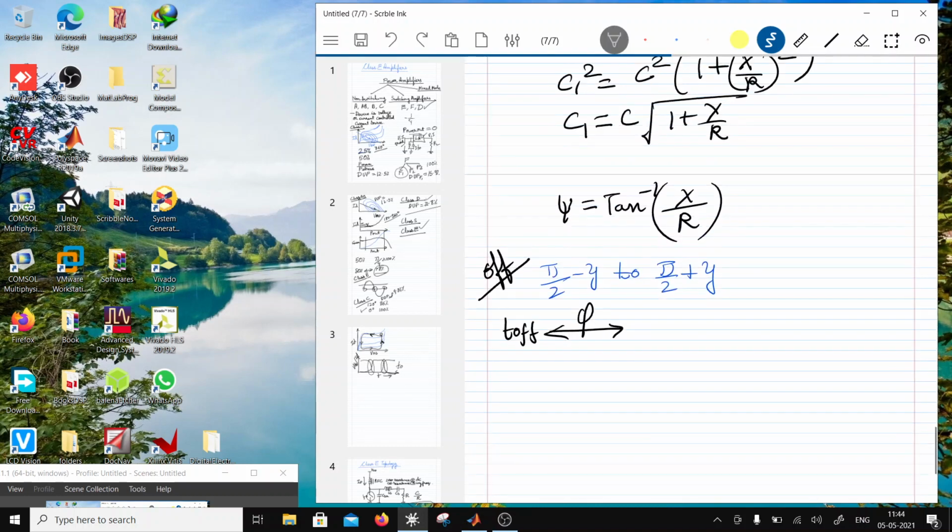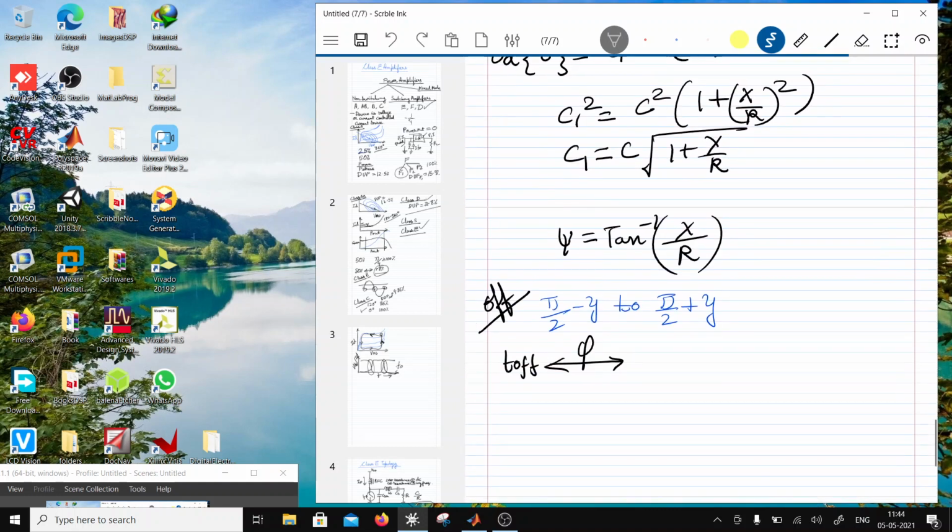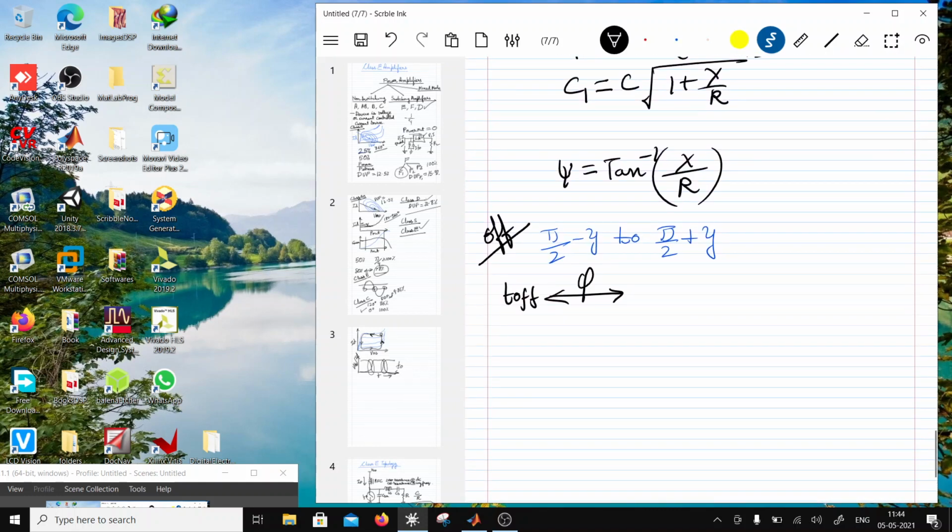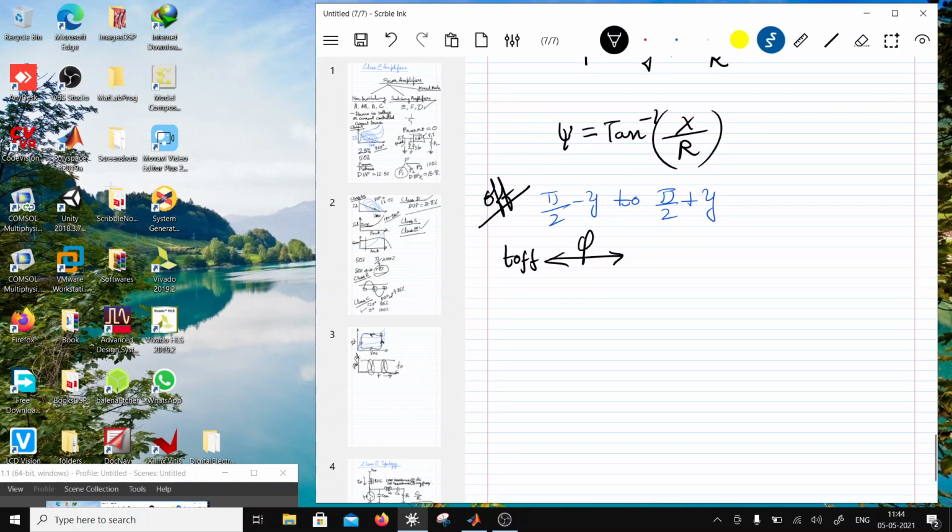Okay, so now for switch off between pi by 2 minus y to pi by 2 plus y, I can write the voltage across the device. The voltage across the device would be the integration on the capacitor CSH, correct?